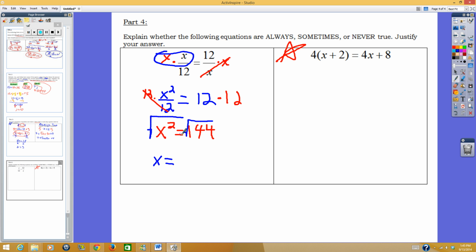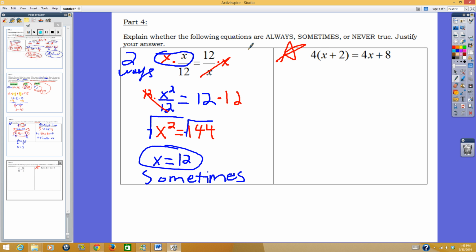Or even if you have a calculator, you could do the square root of 144. That'll give you 12. And that's one way that you could prove it sometimes. Because we said when you're solving it, if you end up with x equals something, you automatically know it sometimes. So either way, there's two ways you could do this. Two ways! Okay, next one.